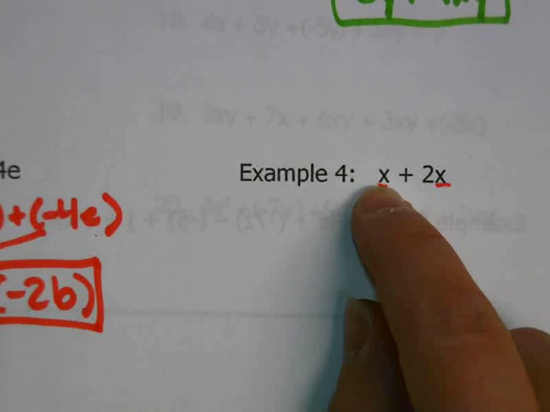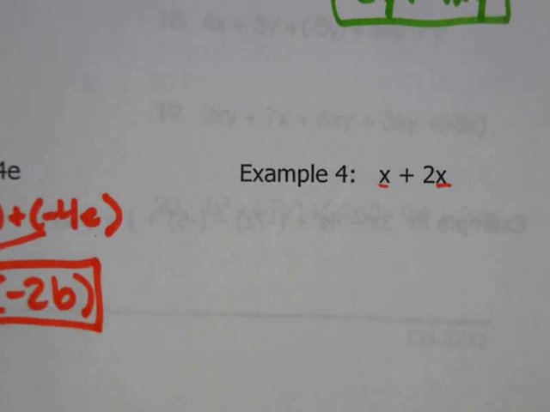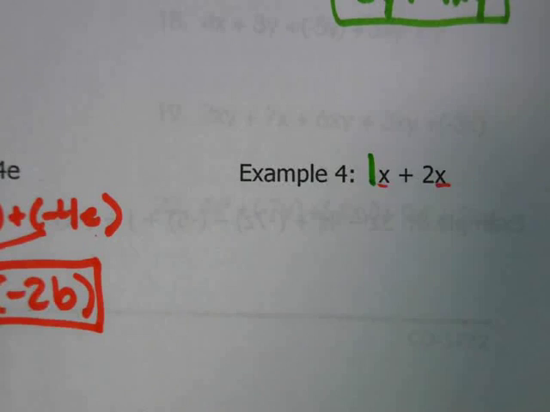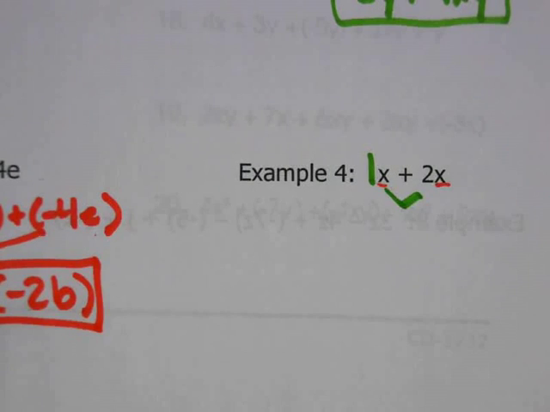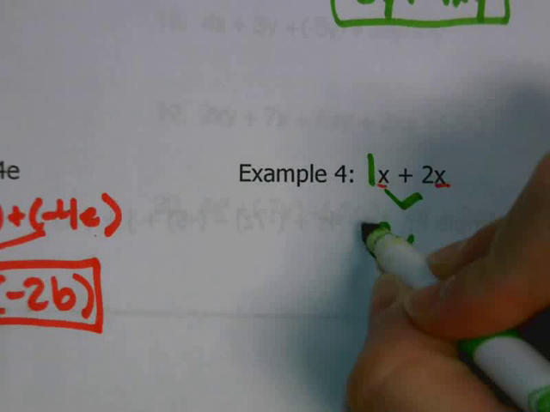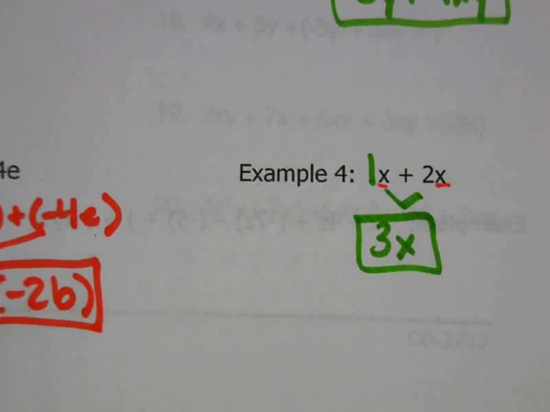So how do we know how many x's there are? Well, there's just one x there, right? Isn't that the same thing as saying 1x? The coefficient's really just 1, even though it doesn't show that on there. There's just one of them. So 1x plus 2x gives us 3x, and done. We combine those like terms.